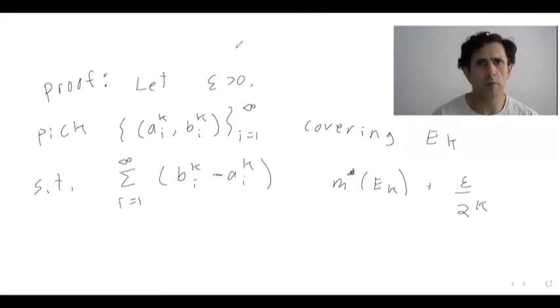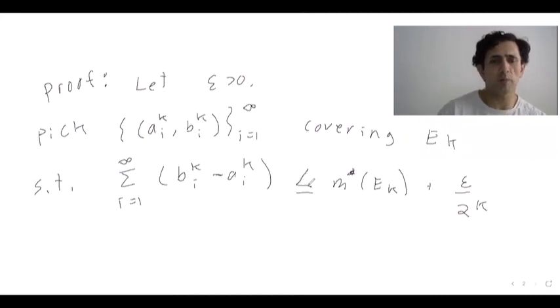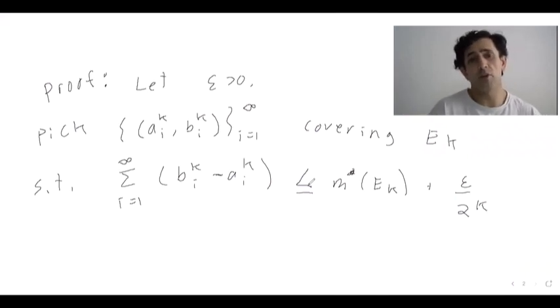It's the infimum of all sums of lengths of intervals that cover my set, E_k. And when I say that, I mean we're only dealing with countable or finite coverings of E_k by open intervals.